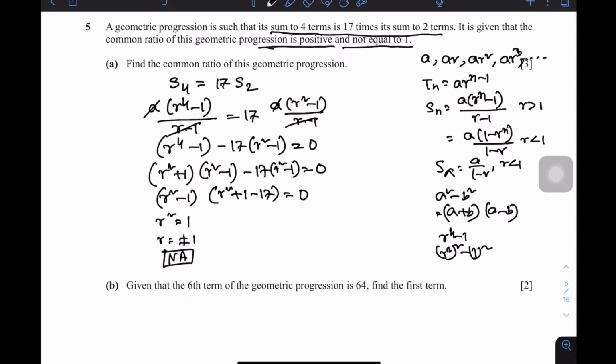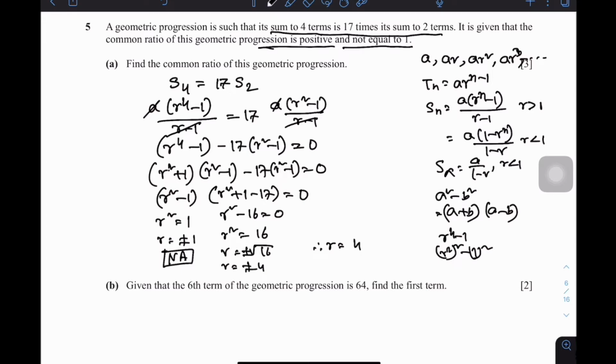Since it's looking for positive, so r is negative 1 is not accepted, and not equals to 1, so 1 is also not accepted. And we can write this one minus 16 equals to 0, r square equals to 16, r equals to root over 16, plus minus 4. Obviously r equals to plus 4, since r equals to minus 4 is not acceptable because r is positive.